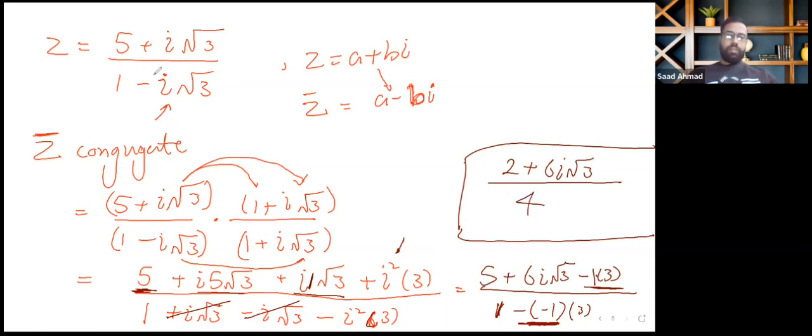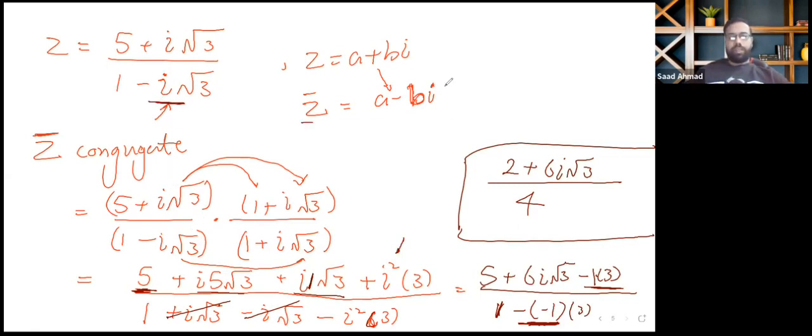What we did, we want to get rid of this square root. We want to get rid of this I from the denominator. We do not want it in the denominator, right? So to get rid of that, we need to multiply it with its conjugate.